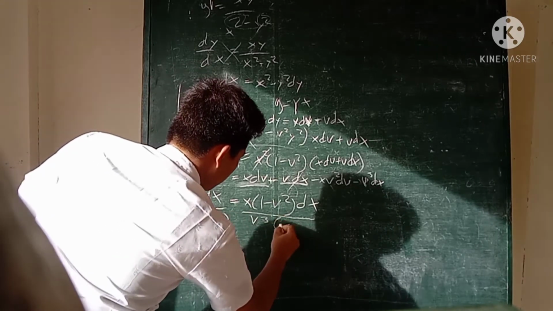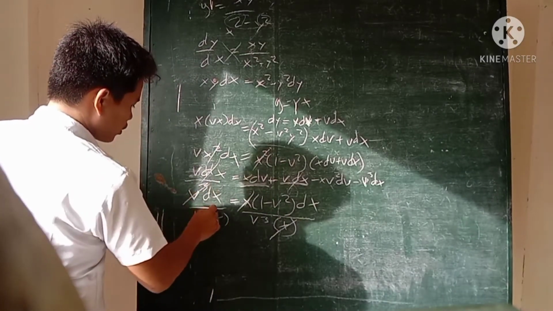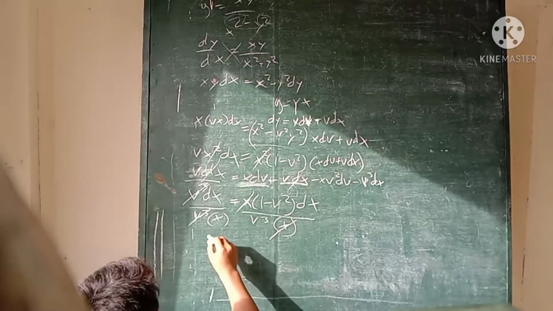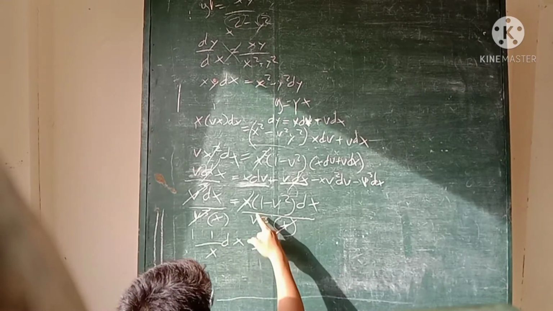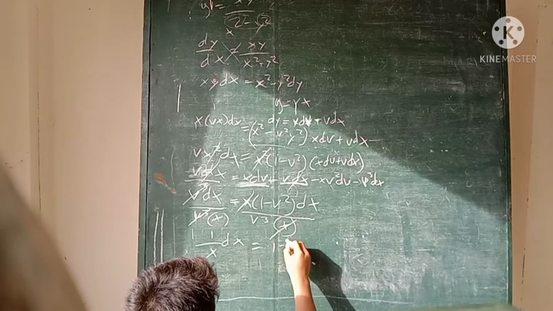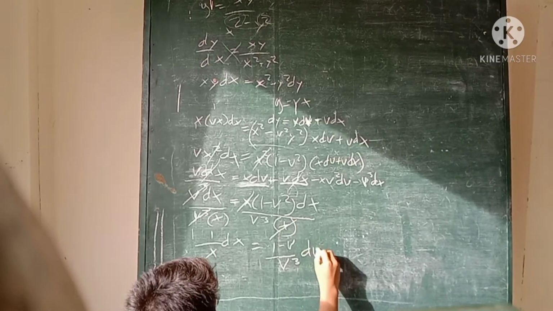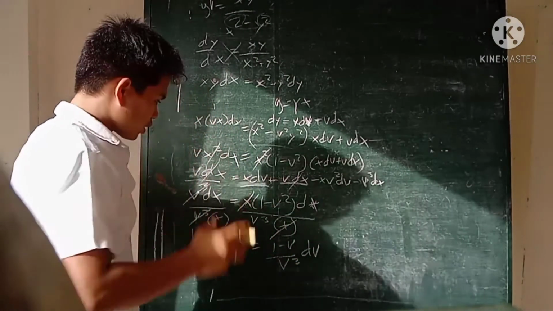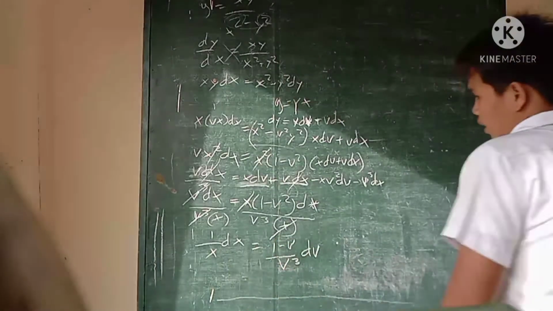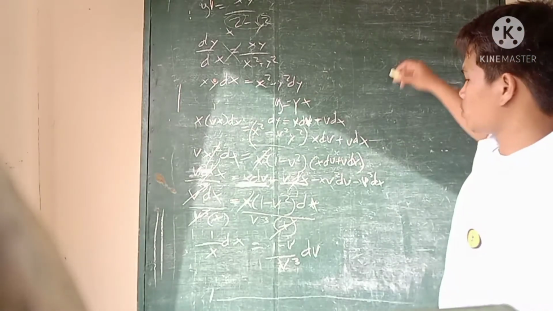The x cancels, and the remaining is 1 over x dx equals 1 minus v over v cubed dv. Okay. Since the remaining is 1 over x dx equals 1 minus v over v cubed dv, we can integrate now.